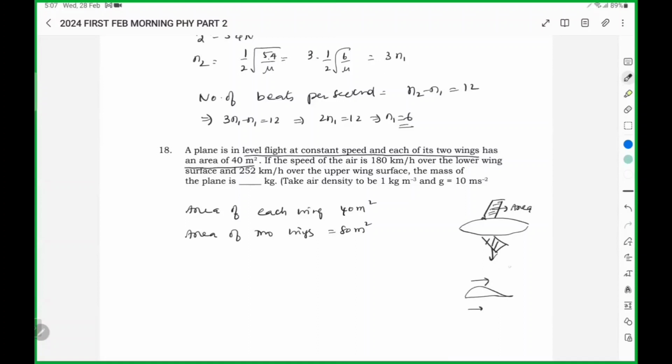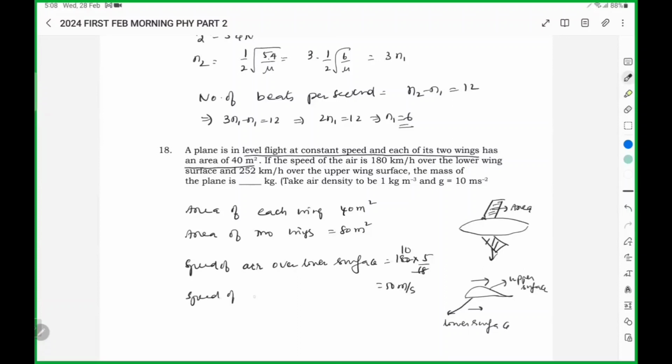Here, this is the lower surface and this is the upper surface. The speed of air over the lower surface is 180 into 5 by 18, that is 50 meters per second.